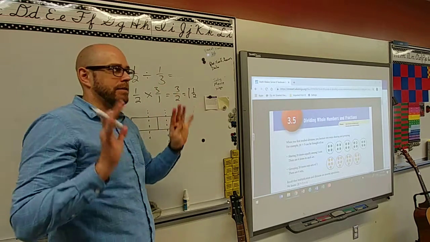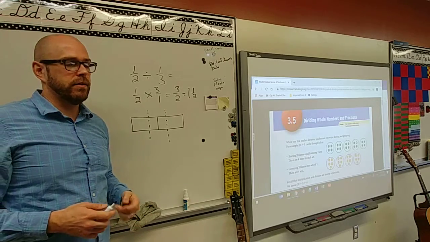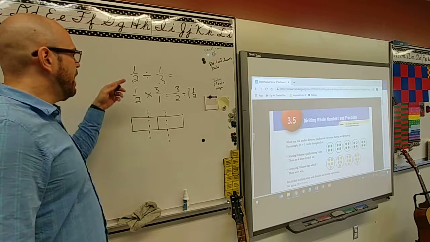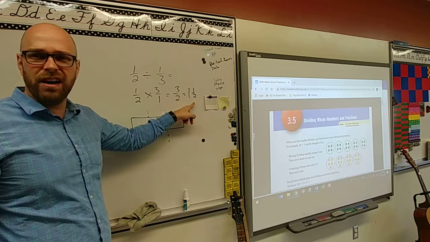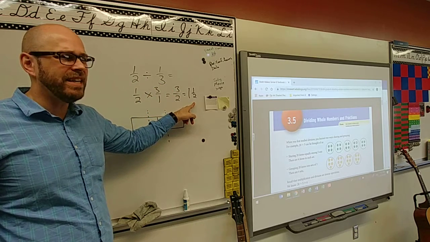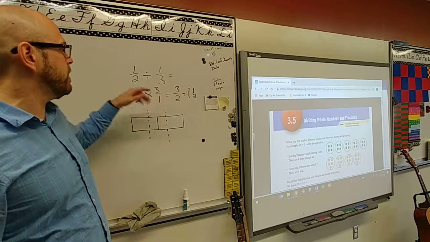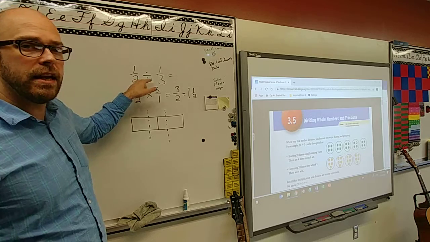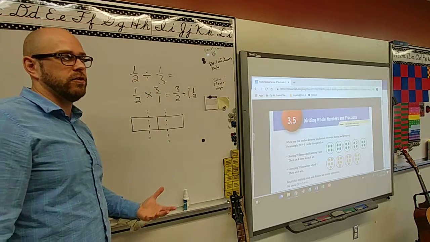Now, what's weird about dividing fractions, and what really gets kids, is I have part of a number divided by part of a number, and I get more? What? That's the confusion point. Kids go, how? Because usually when we use dividing, it gets smaller, right? Like 4 divided by 2 equals 2.